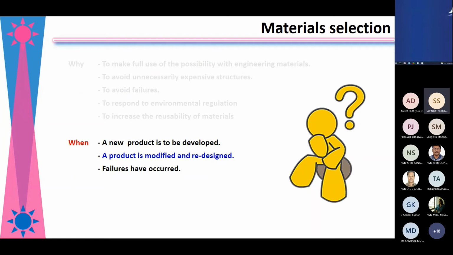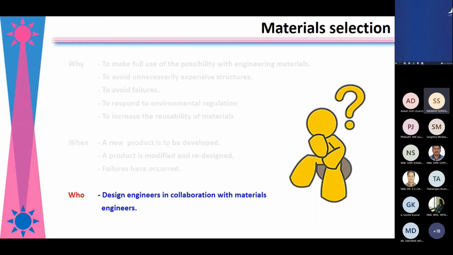When to do it? When we want to make a new product. We went to the market and saw that the customers or people want a new product to replace something. That is the main driver for the designers. Or a product is modified and redesigned, then again we will need new materials, or any product or component is failing. In that case, we should have a new material and process selection.